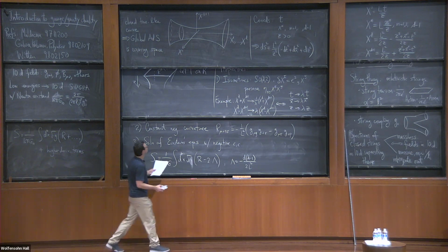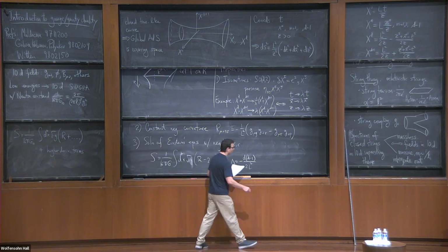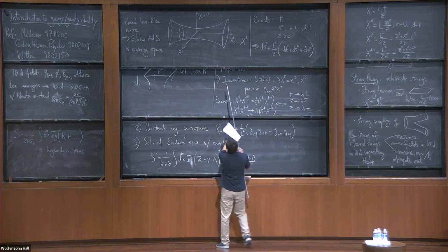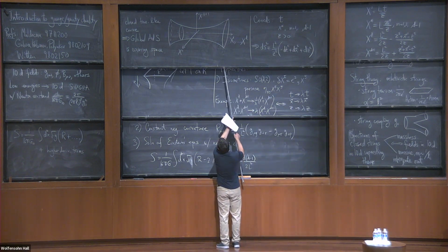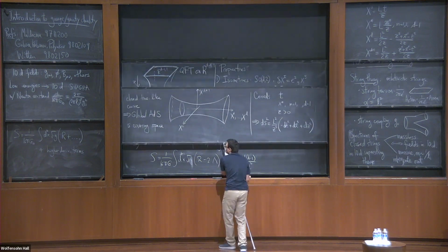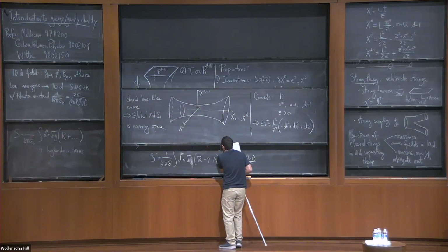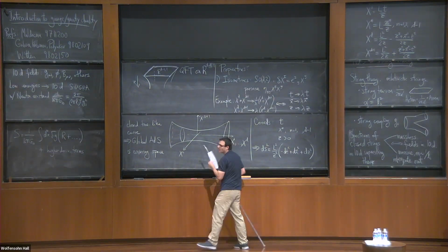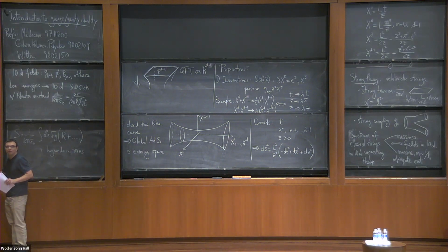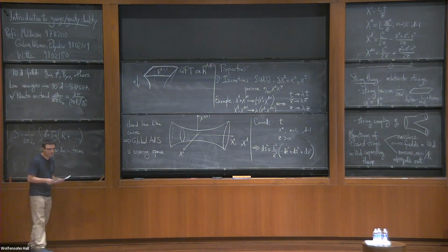So what I want to tell you next is, just to give you a rough idea of where this ADS space comes from and where the gauge gravity duality comes from in string theory.